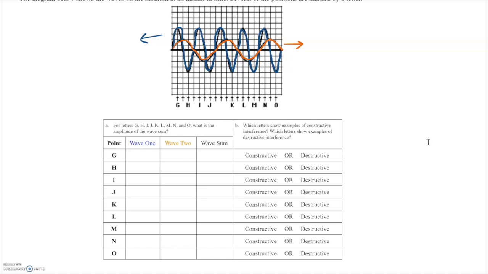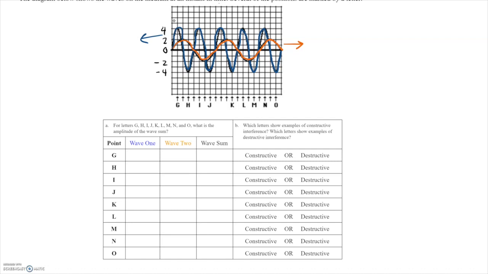So at point G, wave 1 has an amplitude of about 4. Okay, so actually let me go ahead and label this for you. Each unit is 1. And so that's 0, 2, 4, 0, 2, and 4 down below. And these ones are negative. Okay, so I labeled every other line just to keep it neat, so the numbers aren't too cramped together.